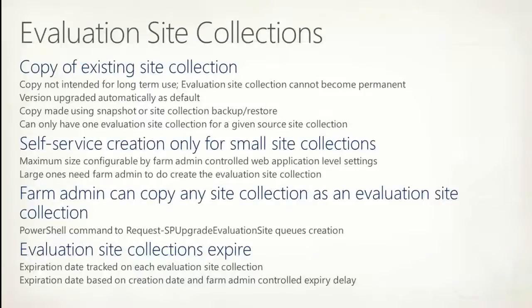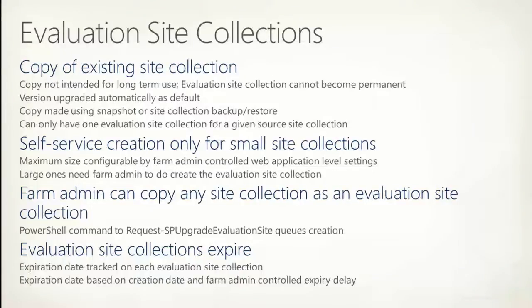So we said, nah, a read-only copy has a little bit of value, but it's a lot more valuable if you can actually make changes and edits and whatever you want to do there. If you're testing out a customization, you could make a copy of a site collection, evaluate that customization against just that site, see what breaks, fix it, and then get rid of that evaluation site and do your upgrade for real.